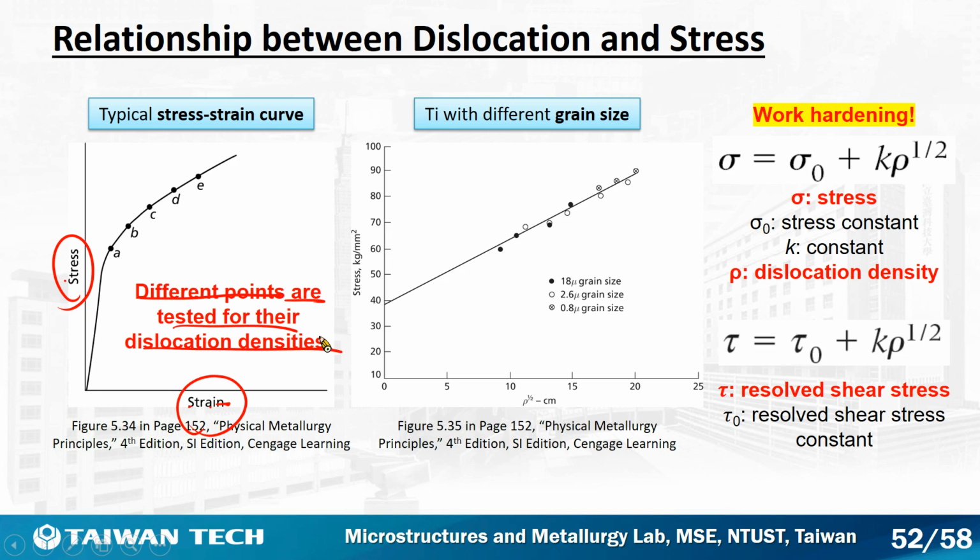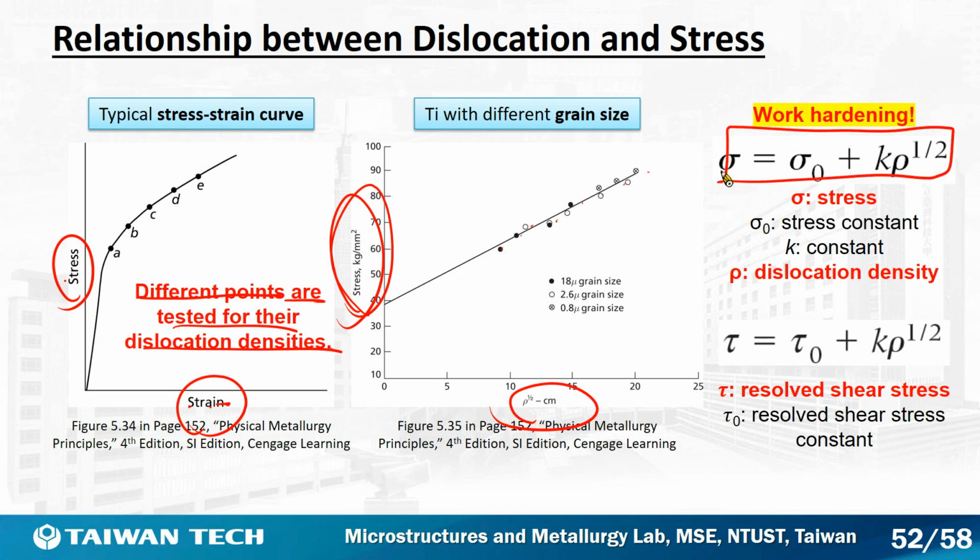Now let's see the experimental results. Here, this is the dislocation density, and this is the stress. For different dislocation densities, you will find they have different stresses, and there is a correlation: sigma equals sigma 0 plus k rho to the one half.